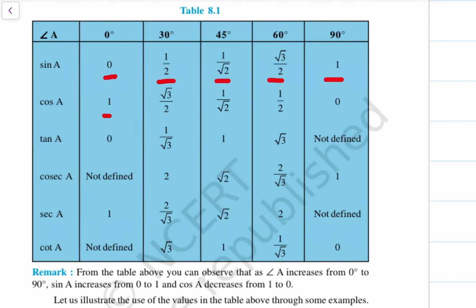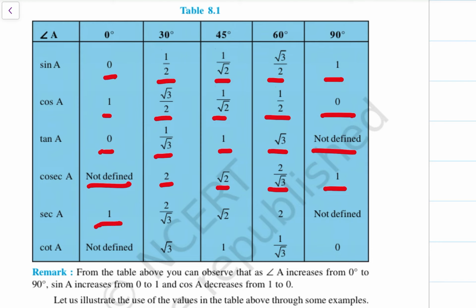Then tan A: 0, 1 upon root 3, 1, root 3 and not defined. Cosec A: not defined, 2, root 2, 2 upon root 3 and 1. Sec A: 1, 2 upon root 3, root 2, 2 and not defined. Cot A: not defined, root 3, 1, 1 upon root 3 and 0.